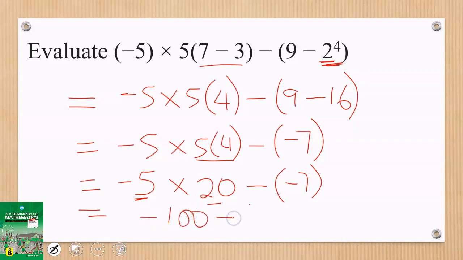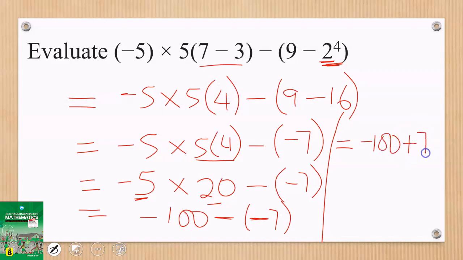Then minus into bracket negative 7. Now we know that anytime we have negative like this, they become addition. So we are going to have this equals negative 100 plus 7. And when we do that, we have our answer to be negative 93. Good. And that becomes the answer, right?